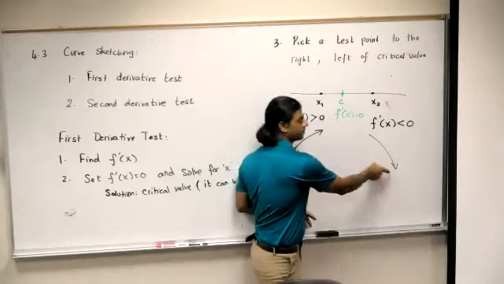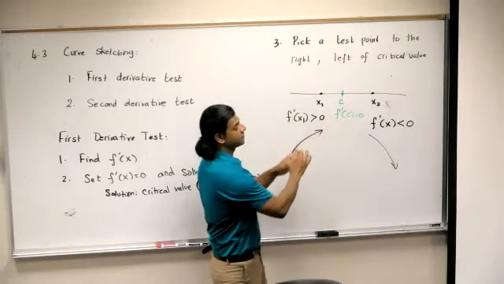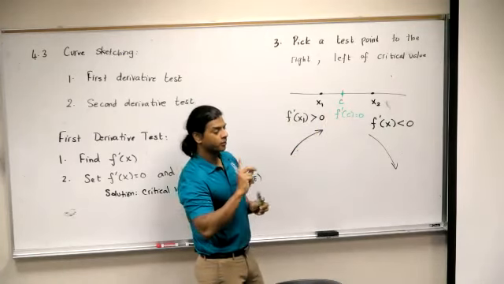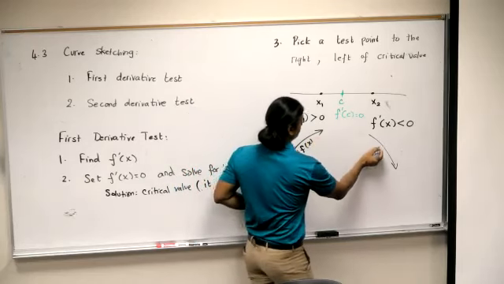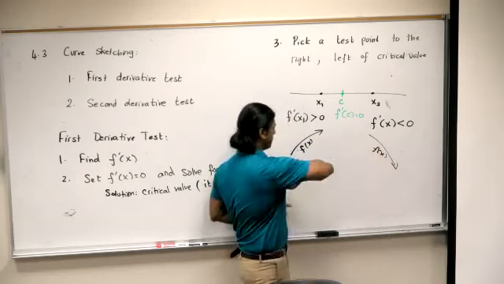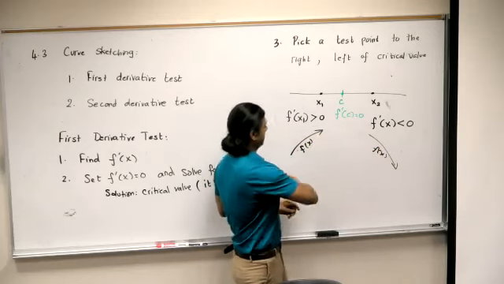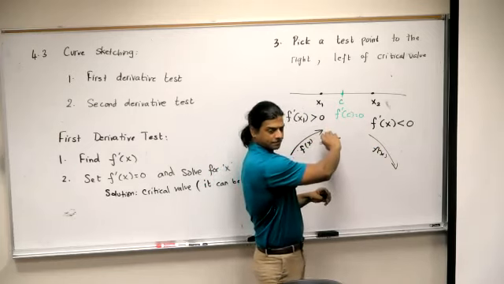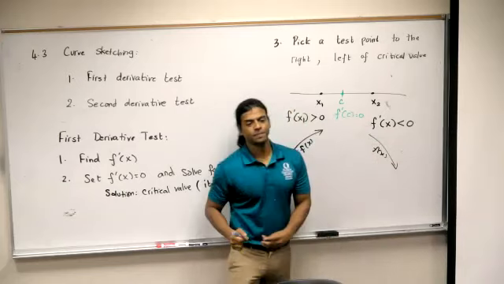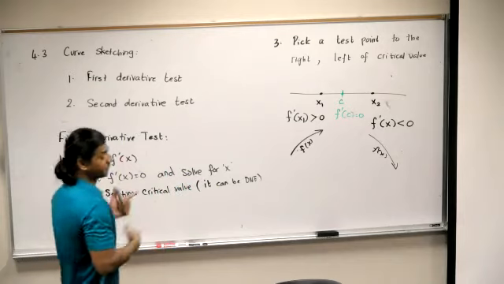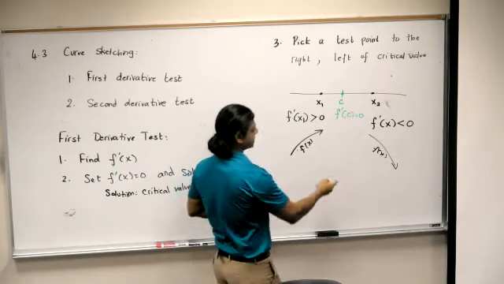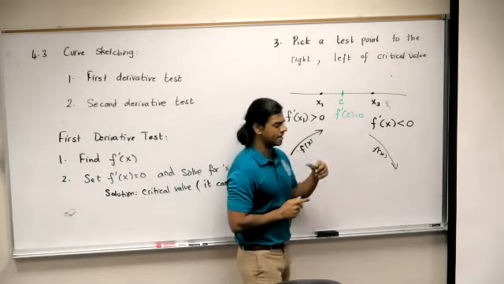So the test is talking about the behavior of the original function. That's how the function behaves going closer to the critical value, then it goes that way. Does it have a maximum or minimum? Maximum. So just by looking at this, I know that there is a maximum.